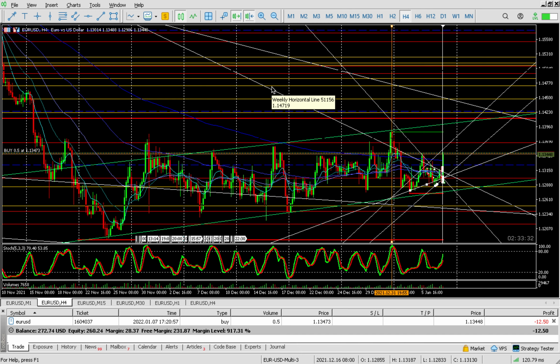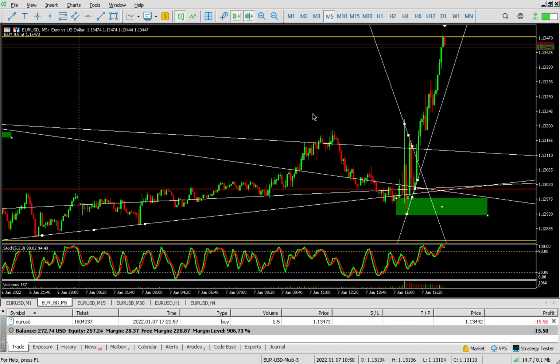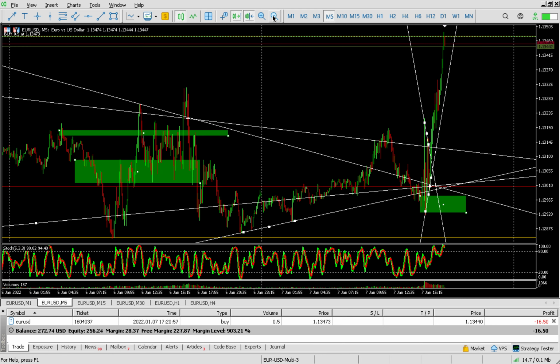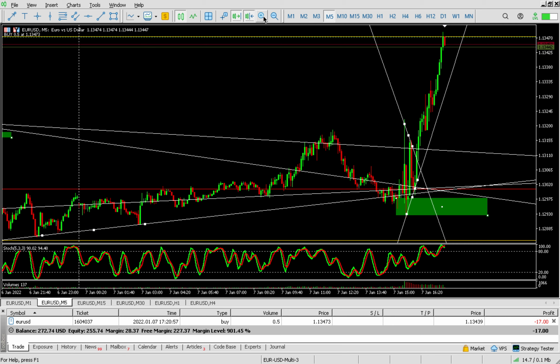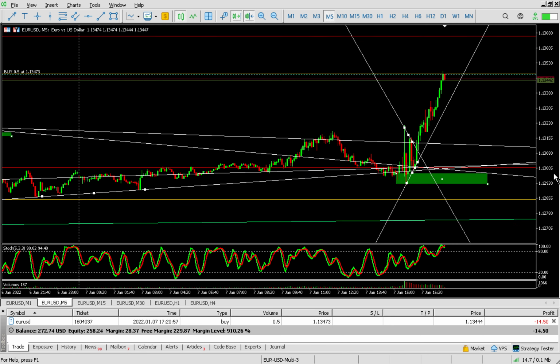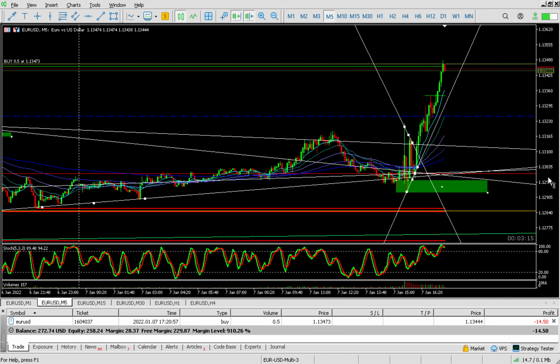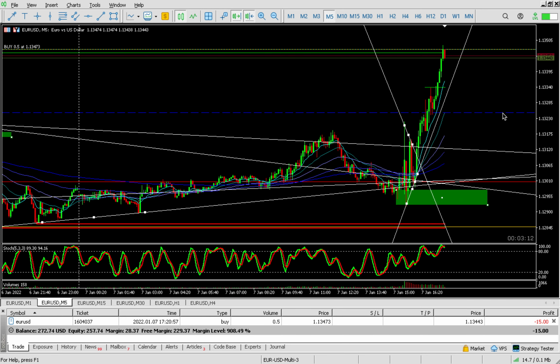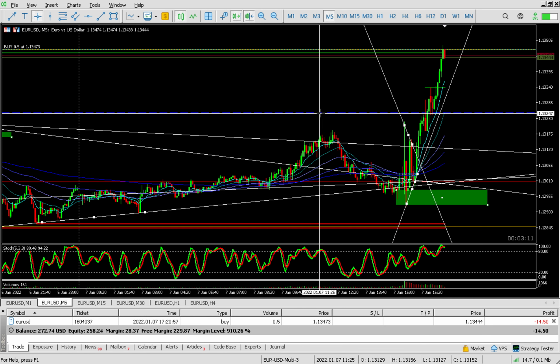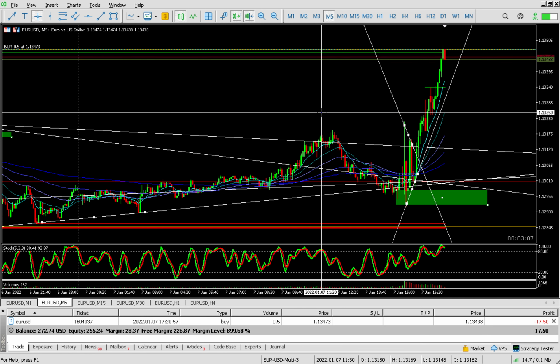So every 1,000 pips you get a blue line. Okay, so we broke above this. So this is 1.13250. Okay, I know nothing about how to use this.